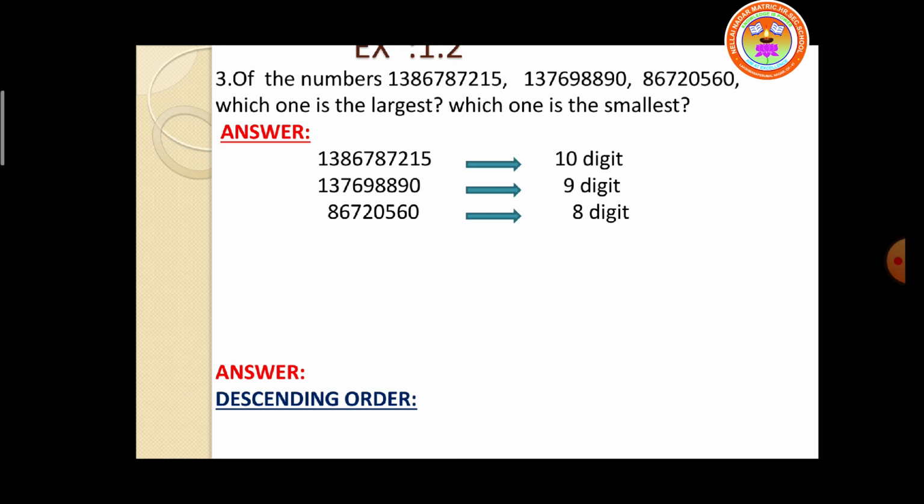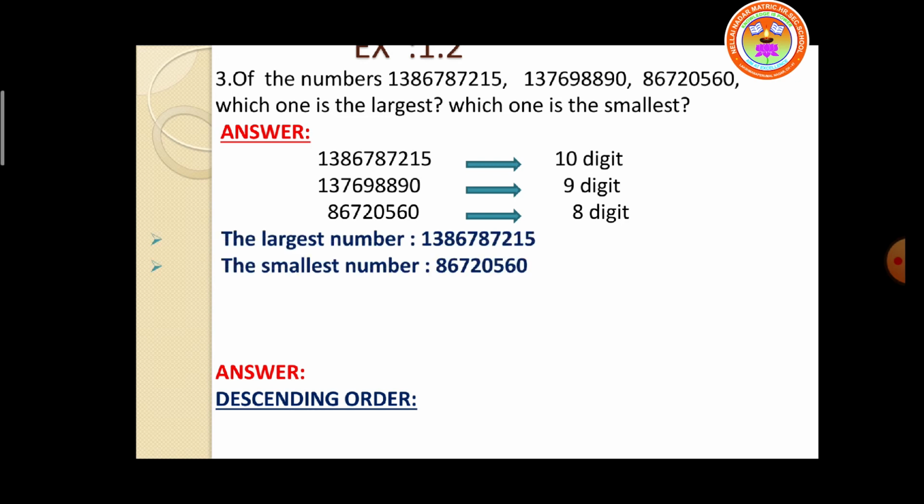Second one is a 9-digit number. Third one is an 8-digit number. So out of this, which one is the largest? See, the first number is the largest number and the third number is the smallest number. It is a very, very easy problem, children.